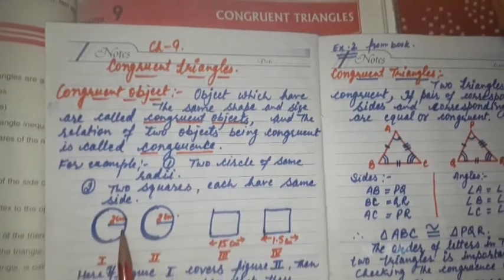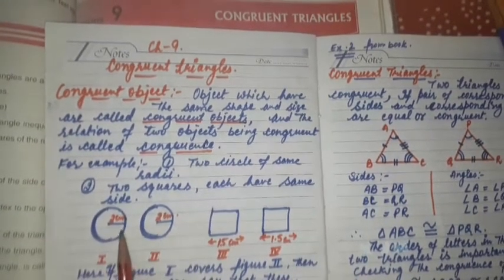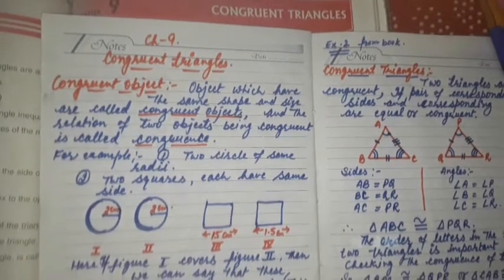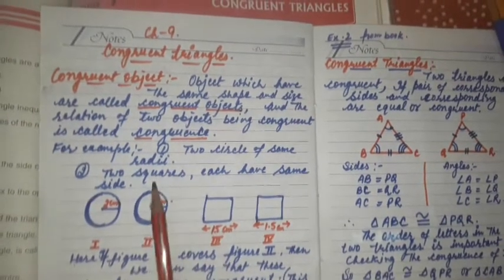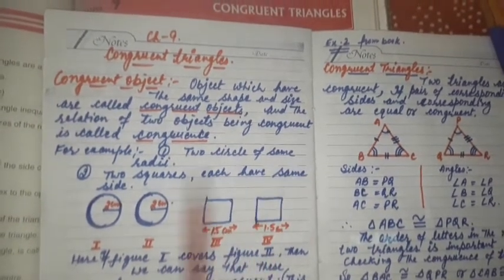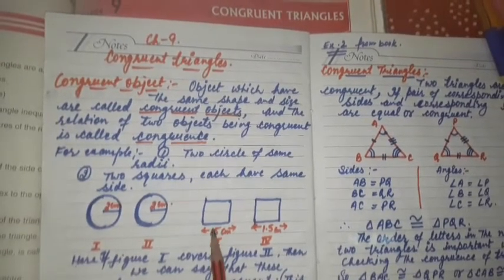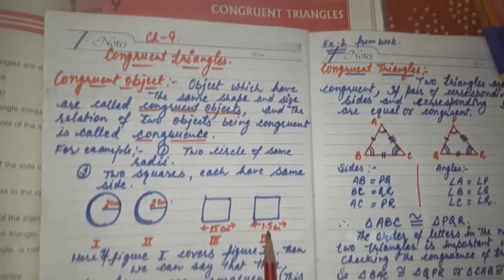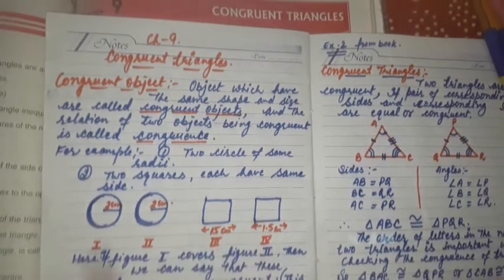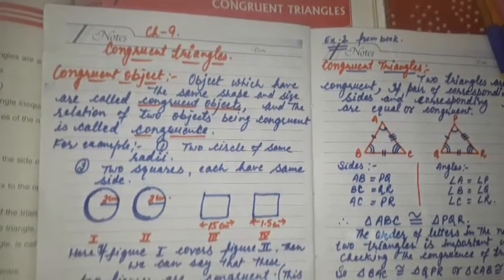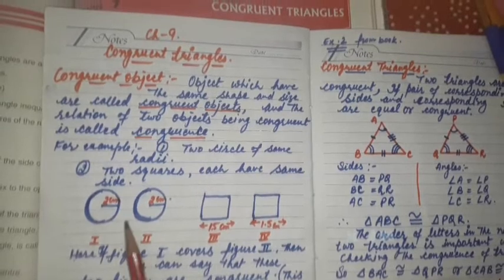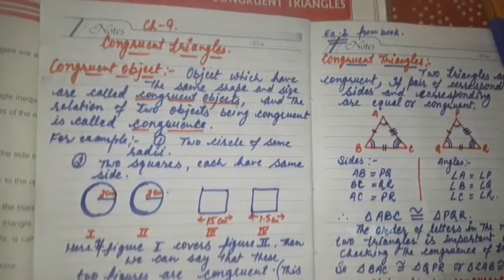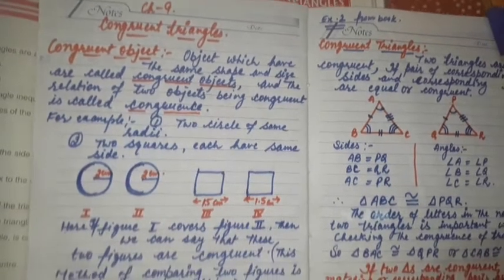Let these two circles have a radius of 2 centimeters. So these two circles are congruent with each other. Similarly, two squares each have the same side. Let the side of this square be 1.5 centimeters, and its side is also 1.5 centimeters. So these two squares are congruent with each other. So these are congruent objects, congruent things, congruent shapes, congruent figures.